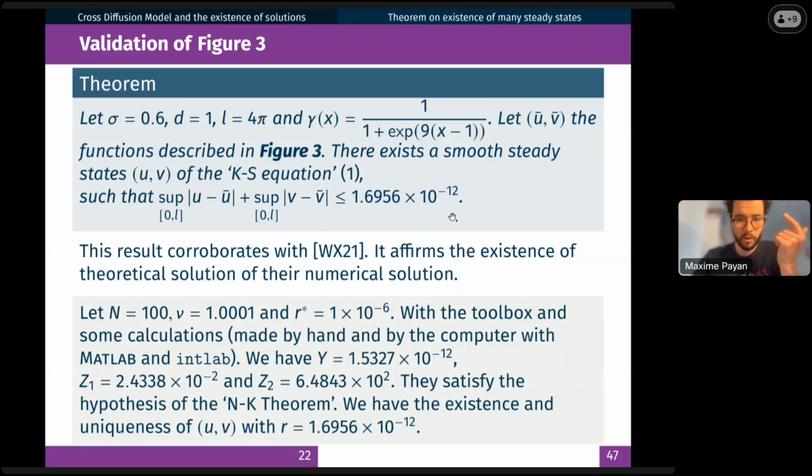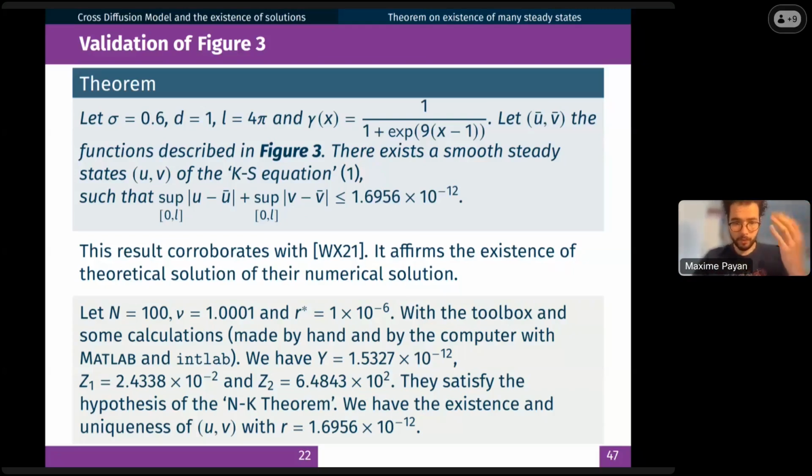So this is very, very close. Figure 3 is the theoretical solution, because this margin is too tiny to be seen on the plot.